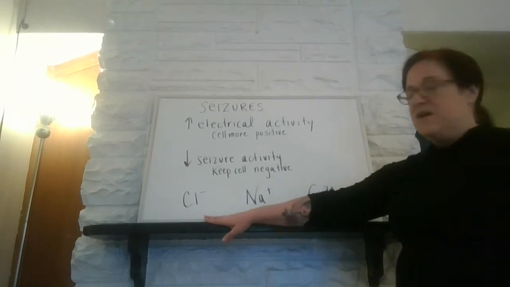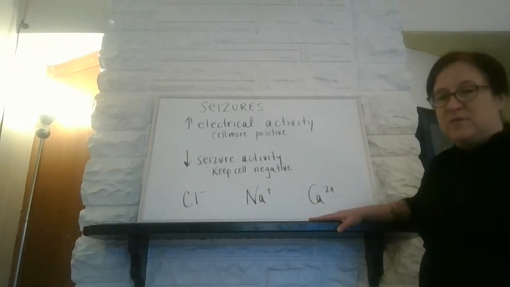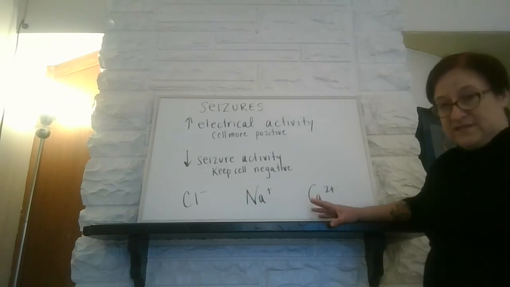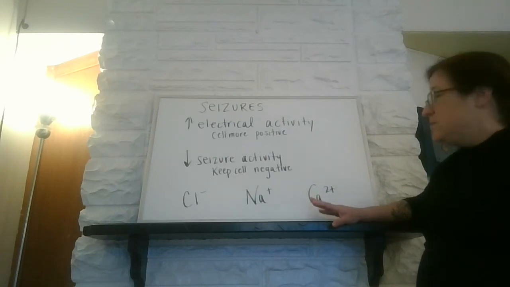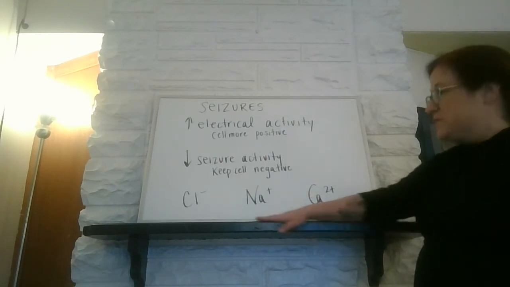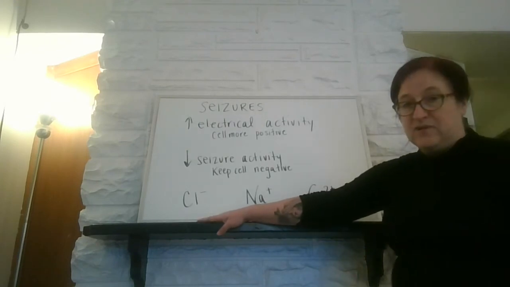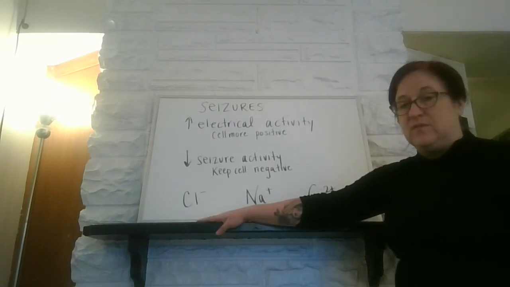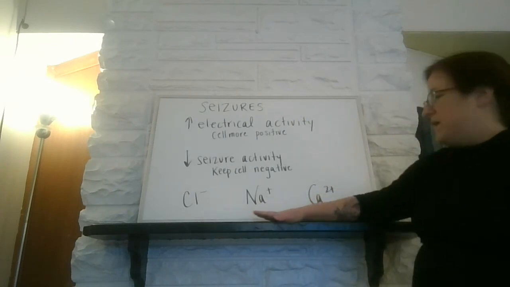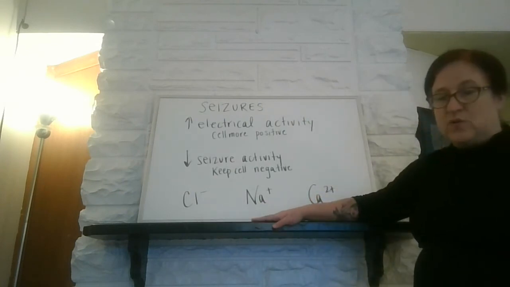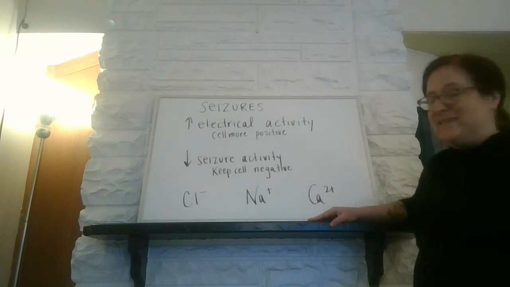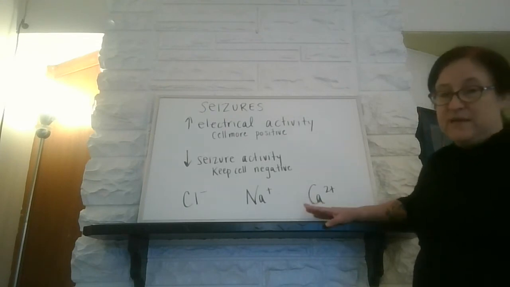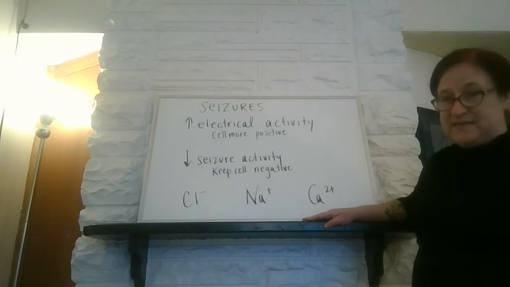The classes of medications we're going to talk about are different ways to keep seizure nerves more negative. We can either increase the amount of chloride that gets inside the cell, because that's a negative ion, so the cell is more negative, or we can change how sodium or calcium can get inside the cell since they're positive. If we keep them out, then we can keep the cell more negative.